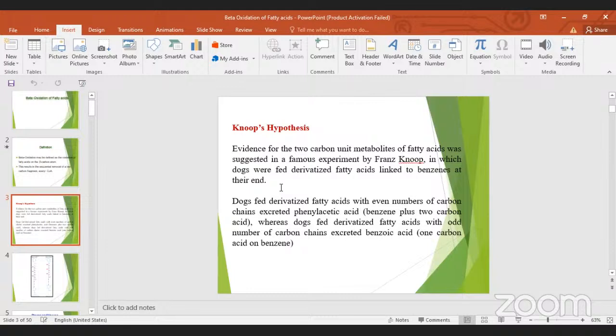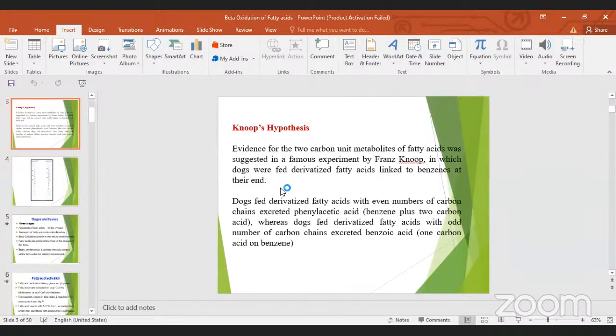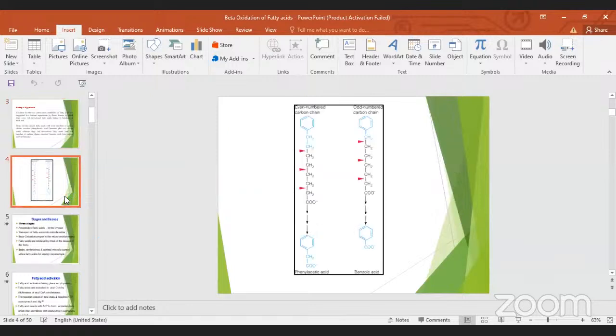Benzoic acid is a one carbon structure. You can observe this: the first is the even number carbon chain, the second is the odd number carbon chain.